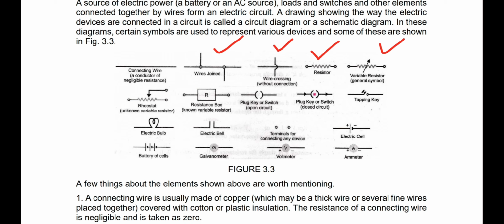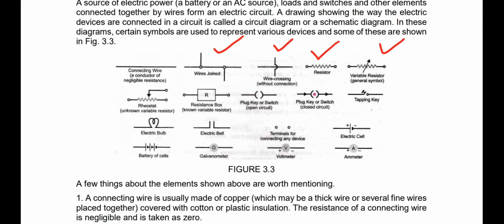Come to the next symbol. Here is a variable resistance. If we have the symbol of a resistor and we mark an arrow on it, it becomes a variable resistance. We will discuss this topic further in our coming videos.